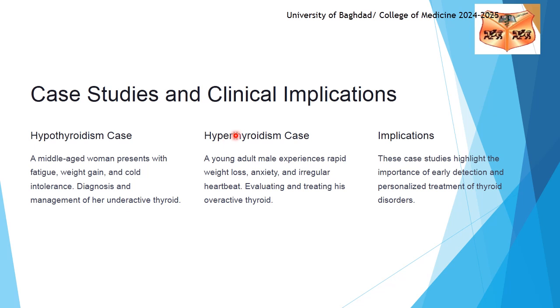In this case for hyperthyroidism, a young adult male experiences rapid weight loss, anxiety and irregular heartbeat, evaluating and treating his overactive thyroid. Implication: these case studies highlight the importance of early detection and personalized treatment of thyroid disorder.